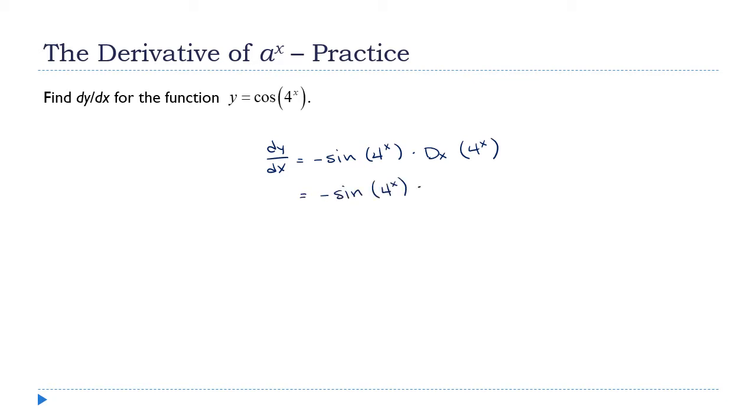The derivative of 4 to the x is 4 to the x times the natural log of 4. Now let's just rearrange things a little bit. This is minus log of 4 times 4 to the x times sine of 4 to the x. And that's it, there's my derivative.